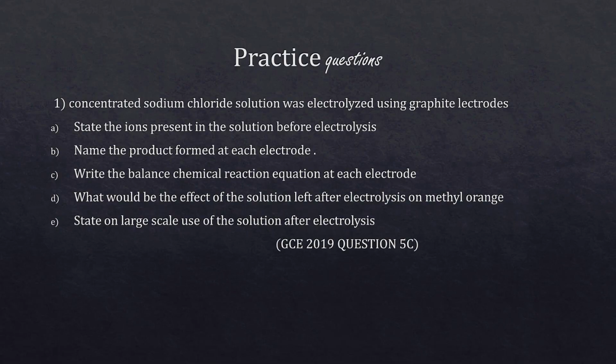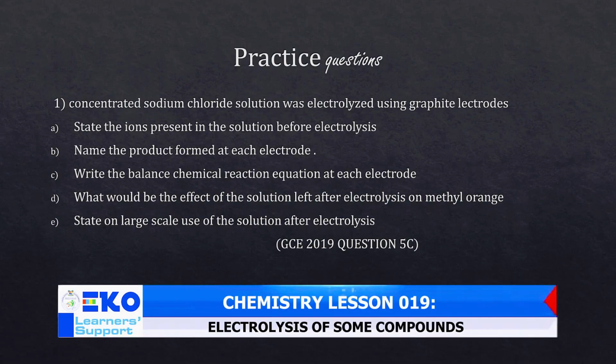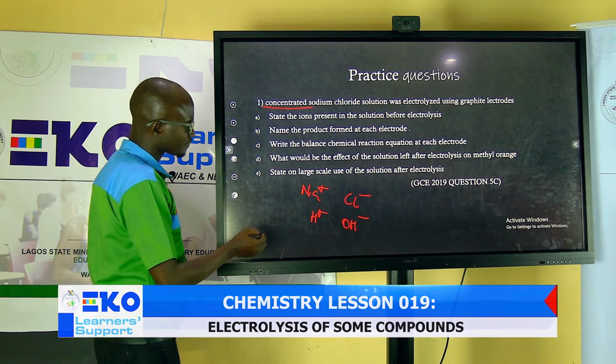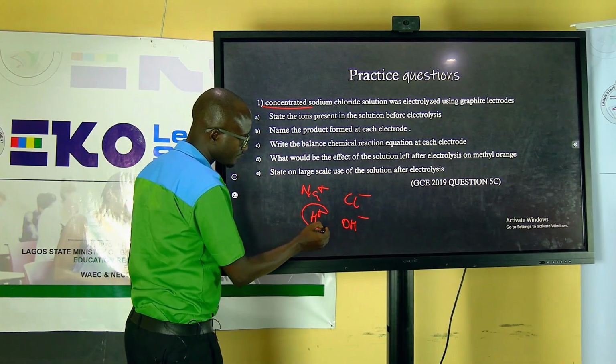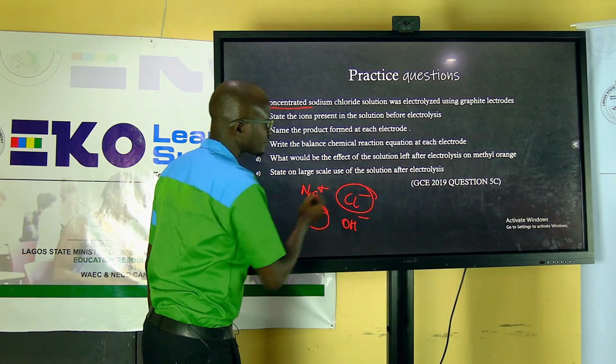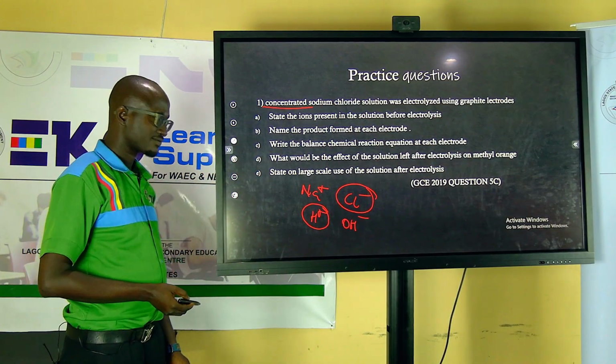What will be the effect of the solution left after electrolysis on methyl orange? This looks tricky. Remember, this goes off the solution. This also goes off the solution. So my fellow students at home, what remains?